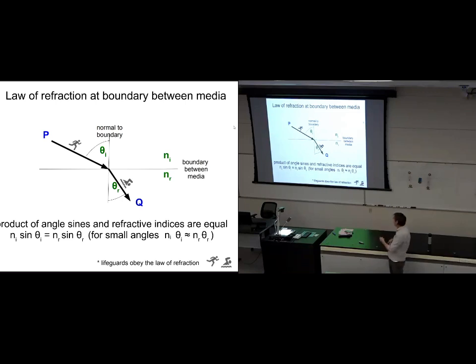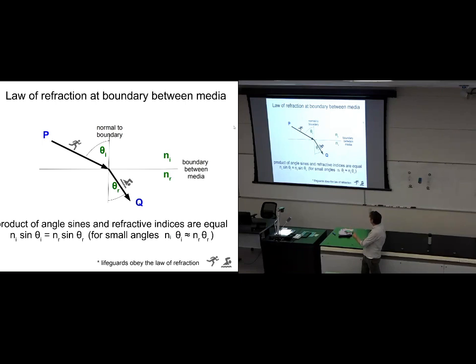Maybe that's air. The refractive index of the lower medium is larger. Maybe that's glass, because the light ray is bent towards the higher refractive index. The light ray takes the fastest time, the shortest time to get from point P to point Q.